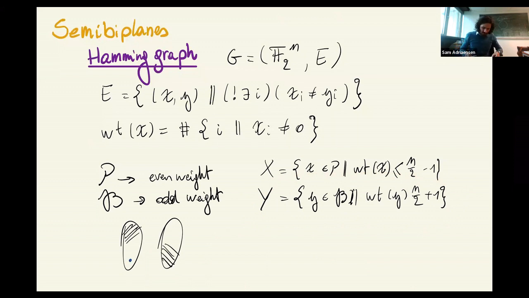So for any point of large weight, you deleted all of its neighbors in this graph. And of course, you cannot make a matching anymore in the graph you're left with.